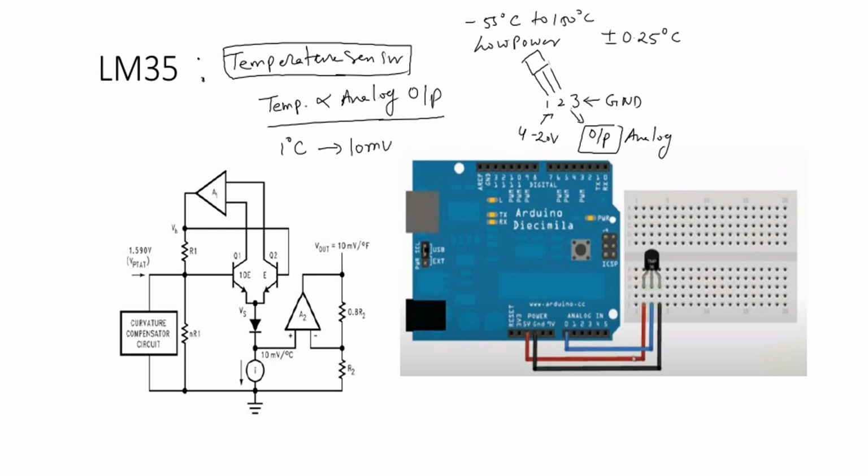This is the proportionality factor, and you can find two kinds of temperature sensors. Either one measures the temperature in terms of centigrade, or you can find it in terms of Fahrenheit. There are little changes in the internal circuitry of those sensors.